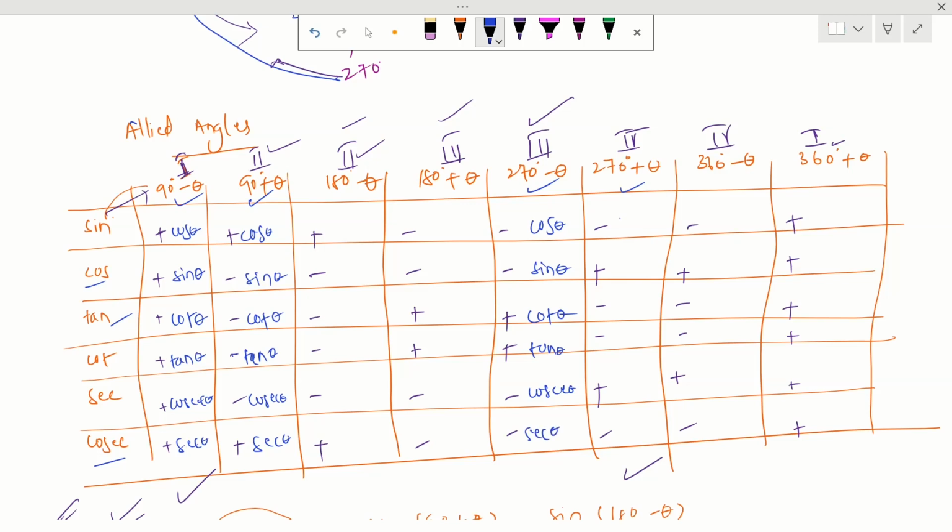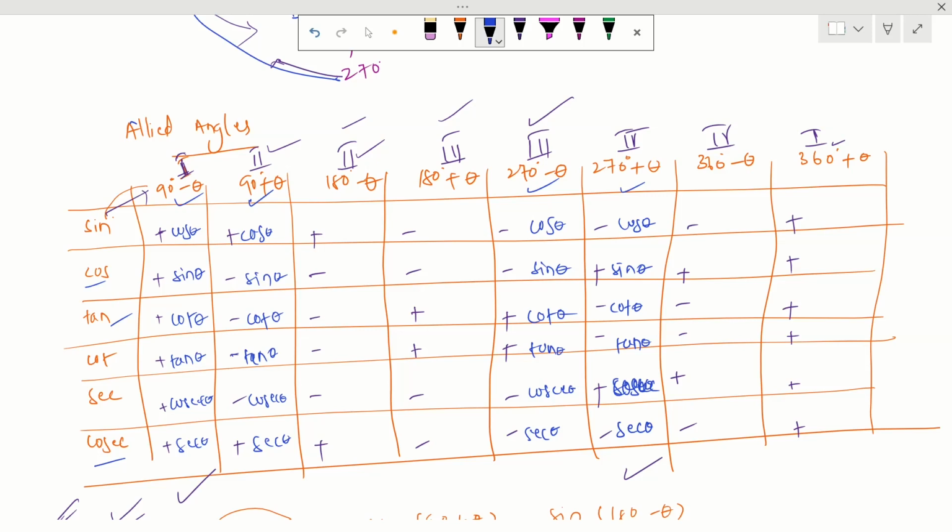Okay, the same thing I am writing here. Here cos, sine, and cot, and this is tan. This is tan theta, and this is secant will be cosecant, cosecant will be secant. Sorry, this is cosecant, and this is secant theta.